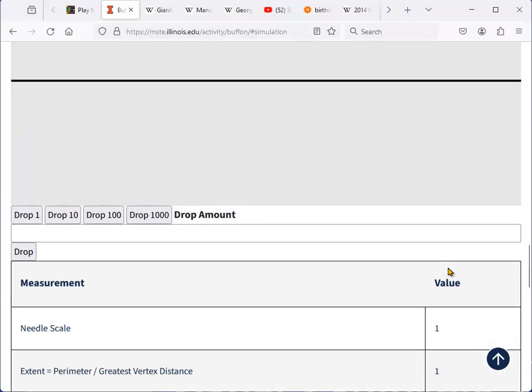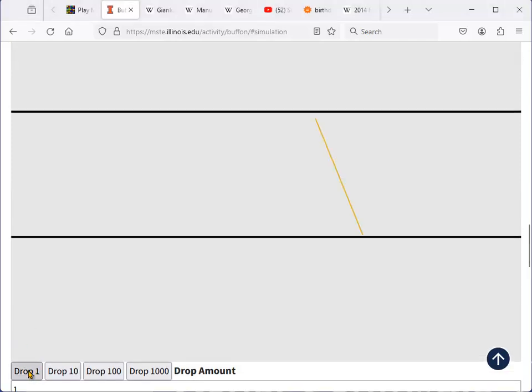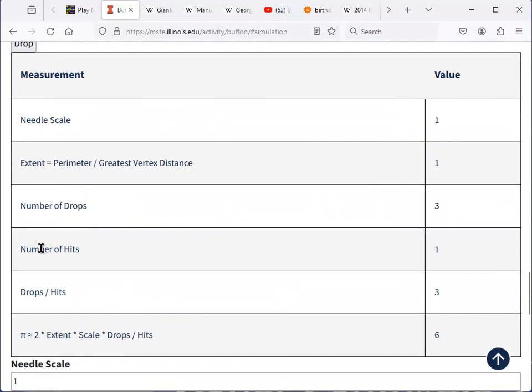So notice I didn't click on anything, and here would be my instructions. Drop one needle 3 times. So let's see. There we go, there we go, there we go, and I think it crossed once. Right, number of hits, and a total 3 times, which means 2 times it didn't.